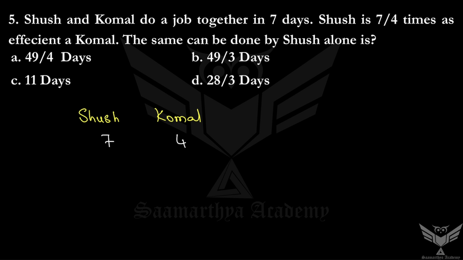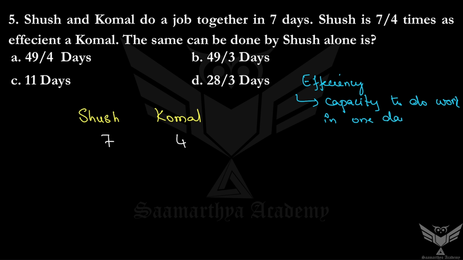That means efficiency is nothing but capacity to do work in 1 day. That means Sush will do 7 parts of the work, Komal will do 4 parts of the work.